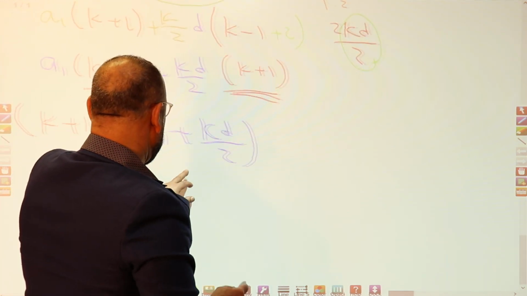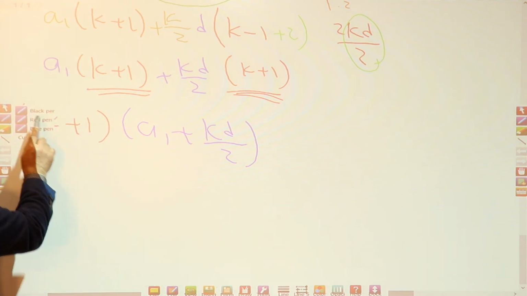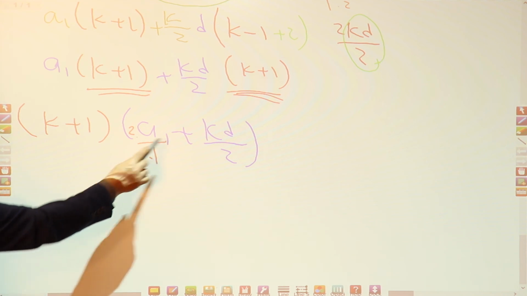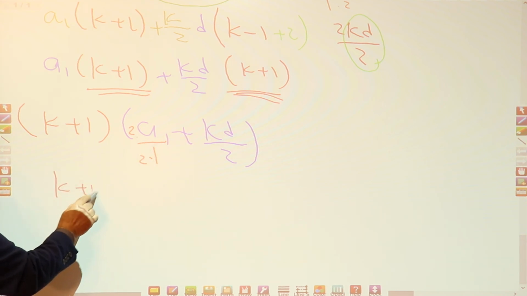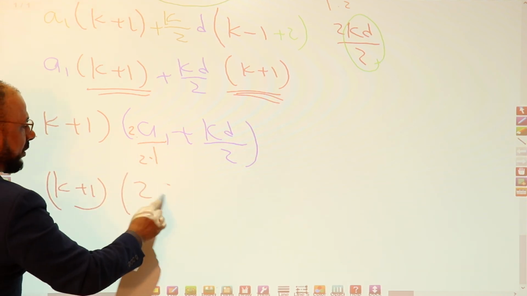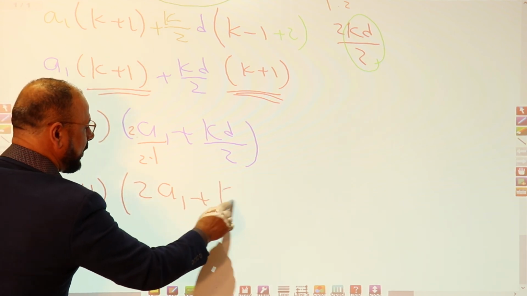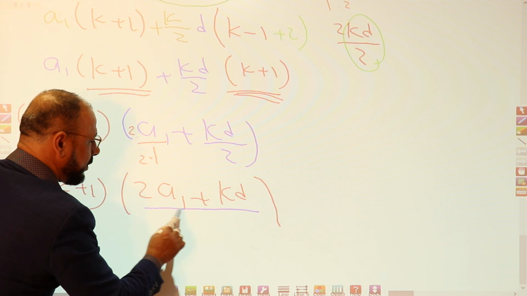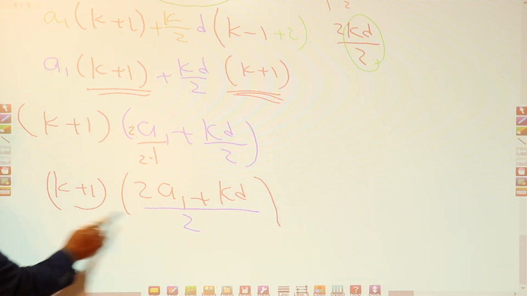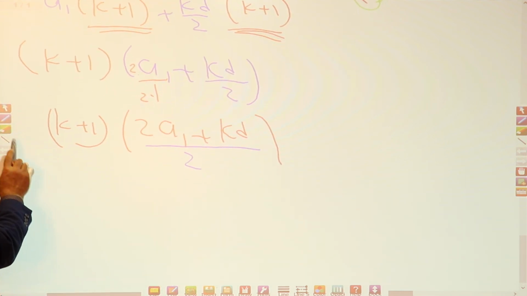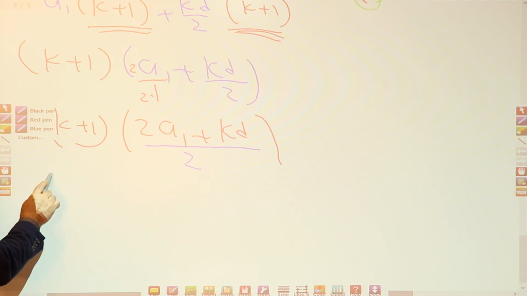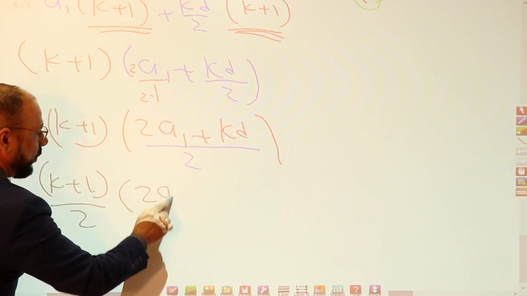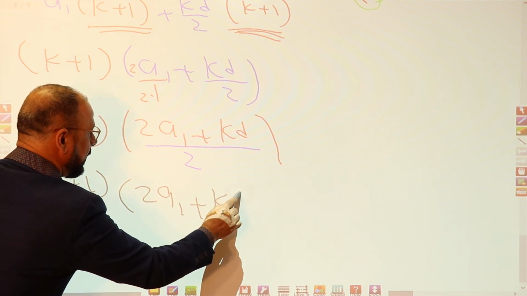If you go to this term here, and you put this 1 here, and 2 here, and 2 here, to have the same, then k plus 1, and inside, 2a1 plus kd over 2, right? If you take the 2 out, k plus 1 over 2, 2a1 plus kd.